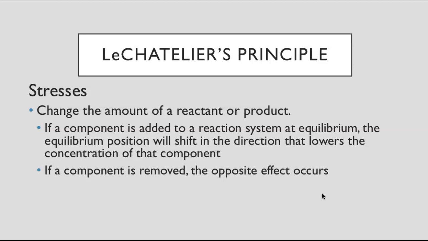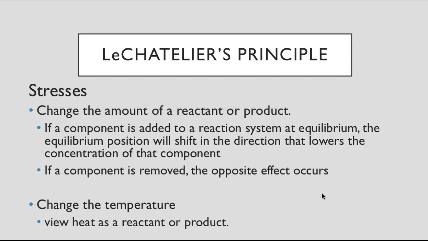And that's really the same principle that we apply to the next stress, which would be changing the temperature. When you change the temperature, we're going to look at whether the reaction is endothermic or exothermic, meaning is heat taken in, in an endothermic reaction, or is heat given off in an exothermic reaction.